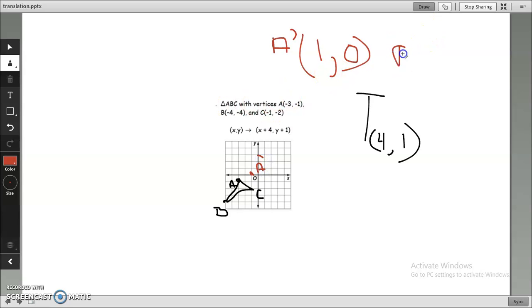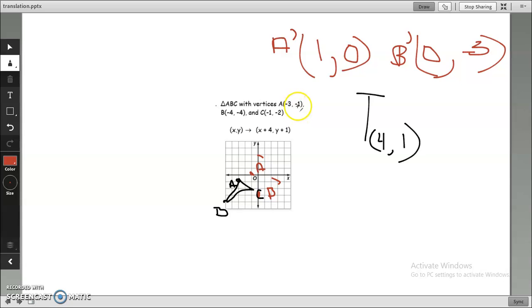B, 4 plus negative 4 is 0. And negative 4 plus 1 is negative 3. So that is 1, 2, 3. That's my B prime.